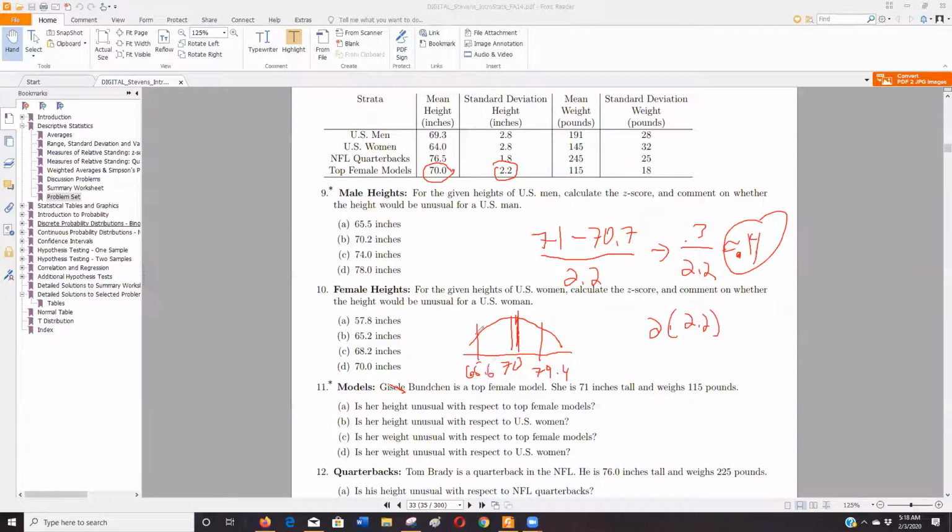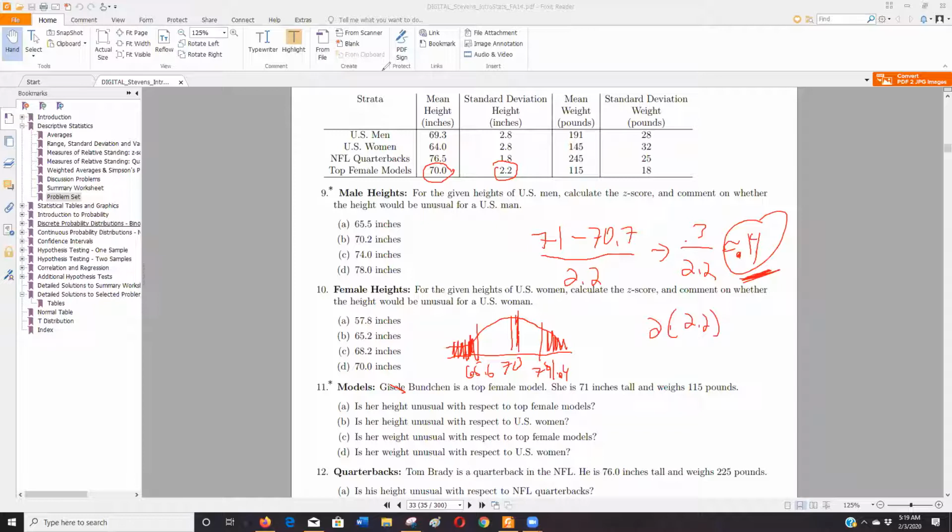So any model shorter than 65.6 is considered unusually short, and any model taller than 74.4 is considered unusually tall, because they're more than 2 standard deviations away from the mean. Okay, so that's how that works. We found out that Giselle was not unusually tall for the models.